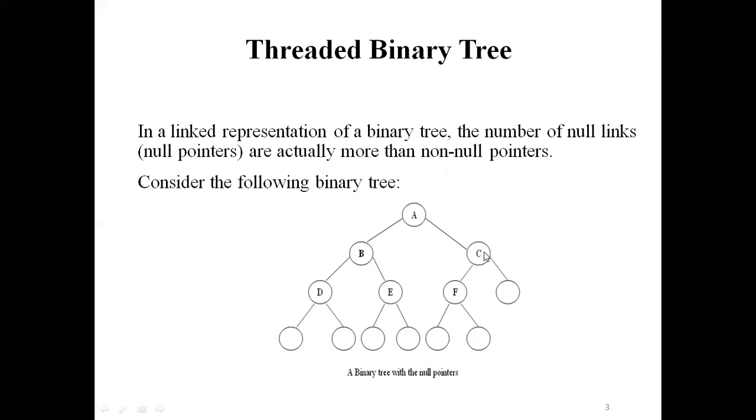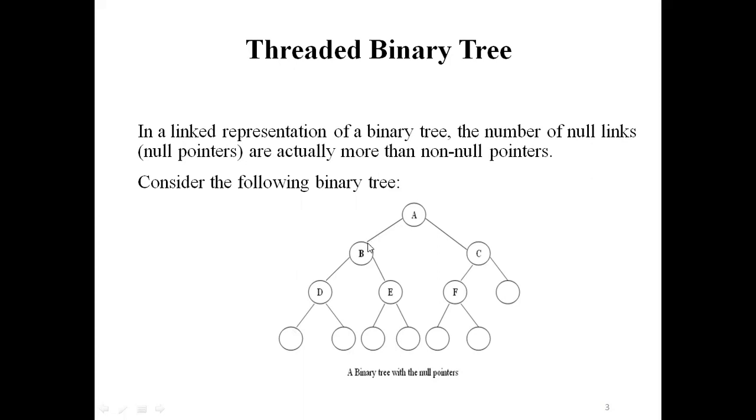Similarly for node C, there is no right child present. That's why it is null; it does not have any right child. If you just look at this tree, the total number of links: the number of null links is more than non-null links.